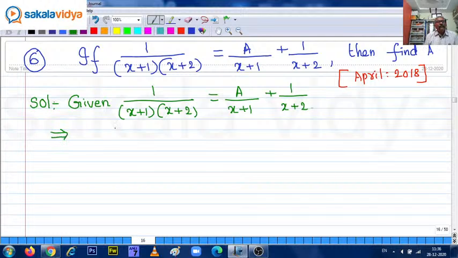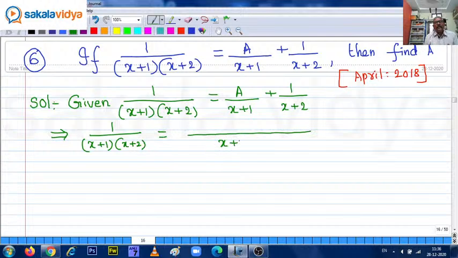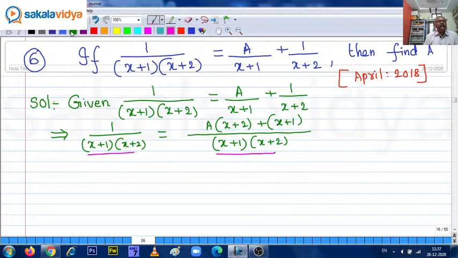So now 1 upon (x plus 1) times (x plus 2) equals to, here LCM is (x plus 1) times (x plus 2). Now x plus 1 cancel, a times (x plus 2) plus (x plus 1) you will be getting. Now the denominator will be going to be cancelled, this one and this one. So now we get like this, a times (x plus 2) plus of (x plus 1) equals to 1.